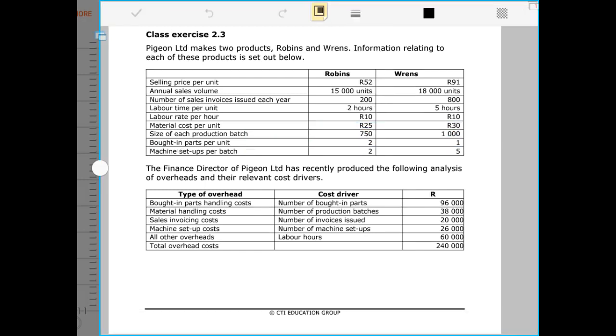Then we have bought-in parts per unit, and that is 2 and 1 bought-in parts per unit. The last information that we are given is machine setups per batch, and the machine setups per batch are 2 and 5.